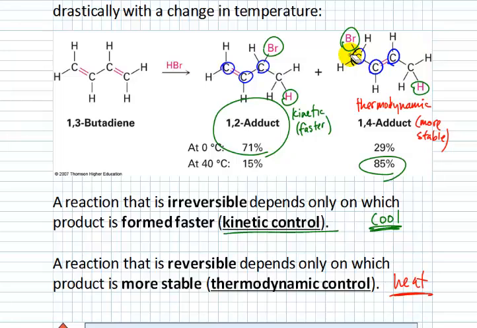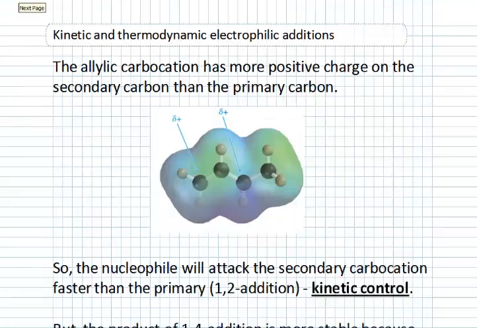Well, let's take a look at the carbocation, the resonance structure for 1,2 addition. Here, let's just redraw it. There's one resonance structure. Here's the other resonance structure.